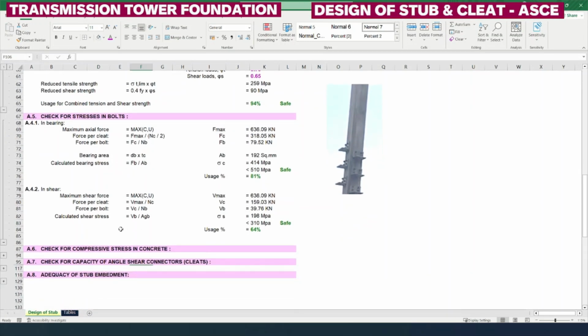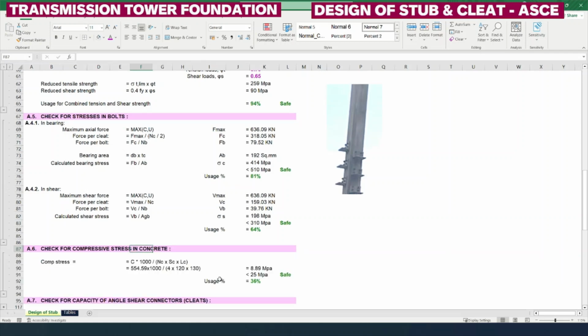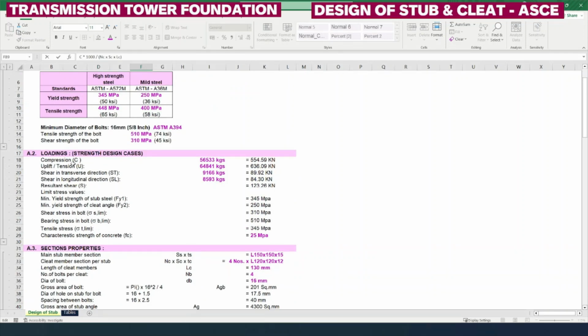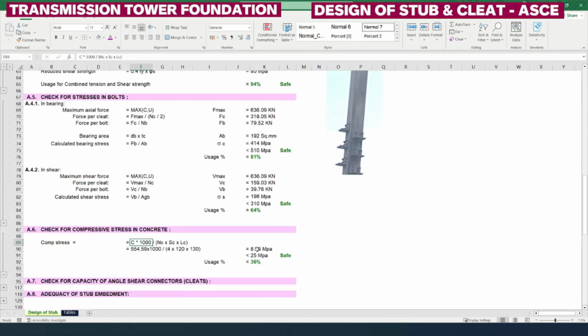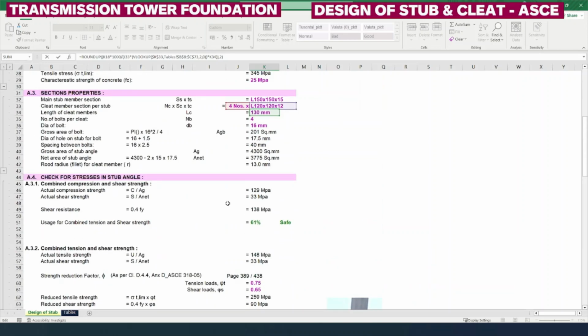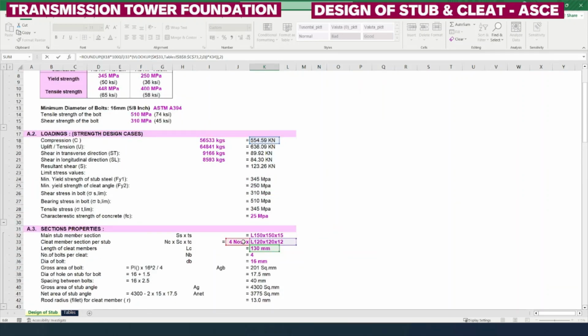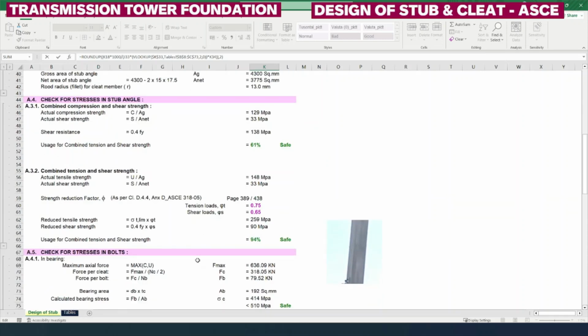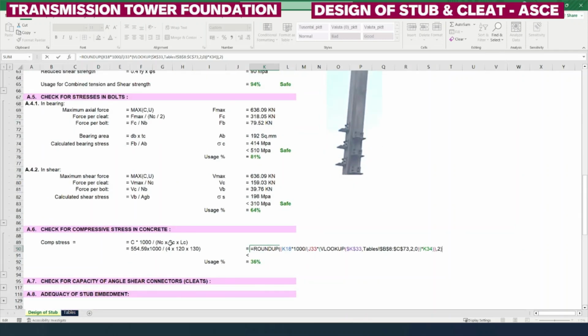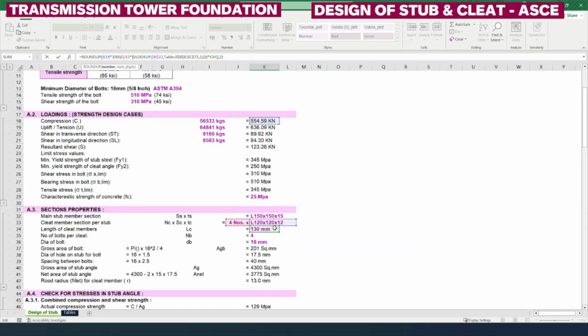The next step for this design of stub and cleat is to check for compressive strength in concrete. This is relevant to the cleat angle. For that we need to calculate the compressive stress. The compressive stress is C, which is the compressive force from the tower, multiplied by 1000 to convert kilonewton into Newton, divided by the number of cleat, which we have considered as 4, and SC, which is the cross-sectional or flange size of the cleat angle we selected, L 120 by 12.